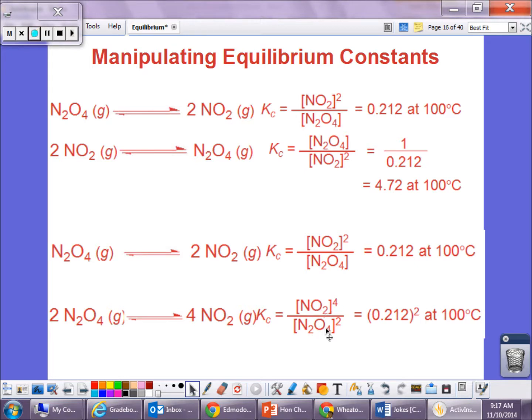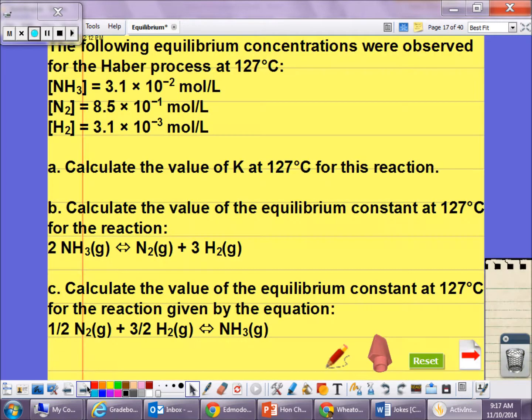If you look at your result, the K is squared. So what you need to learn from this, if you double an equation, you need to square the K. Double an equation, you square the K. Reverse that equation, the K will be the inverse. When you double an equation, your K will be the square.